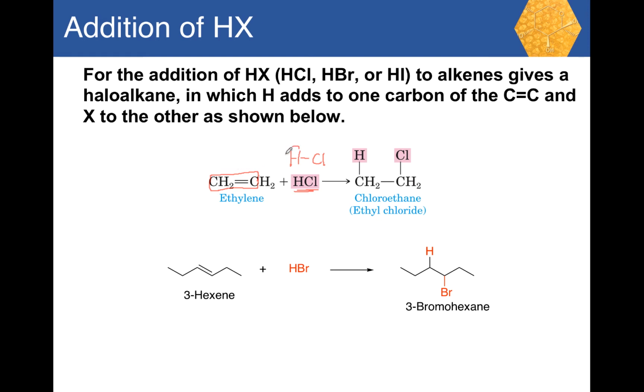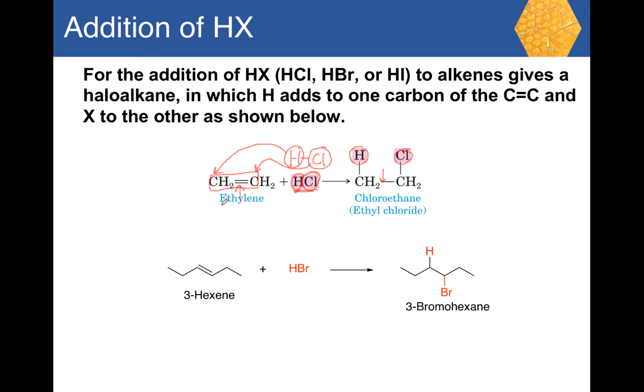As you can imagine, the H will add to one carbon, and the Cl will add to the other carbon, and in the process this double bond is transformed into a single bond. So here's the H from this H here, here's the Cl from this Cl here, so that's called the addition of HCl, or the hydrochlorination of an alkene.